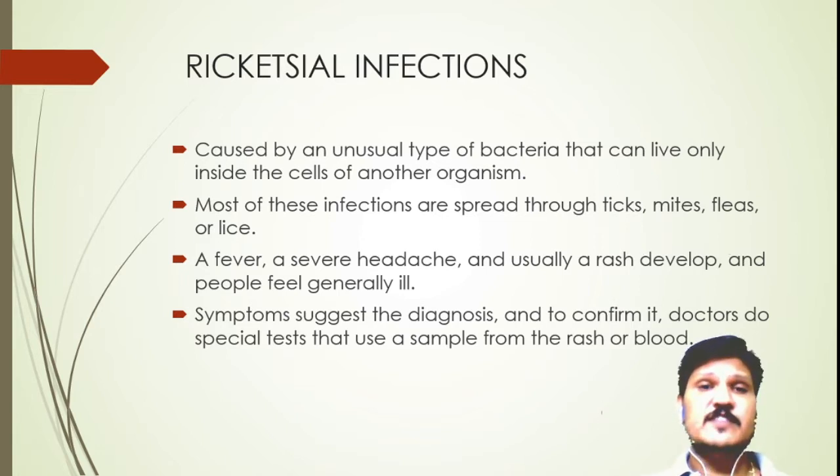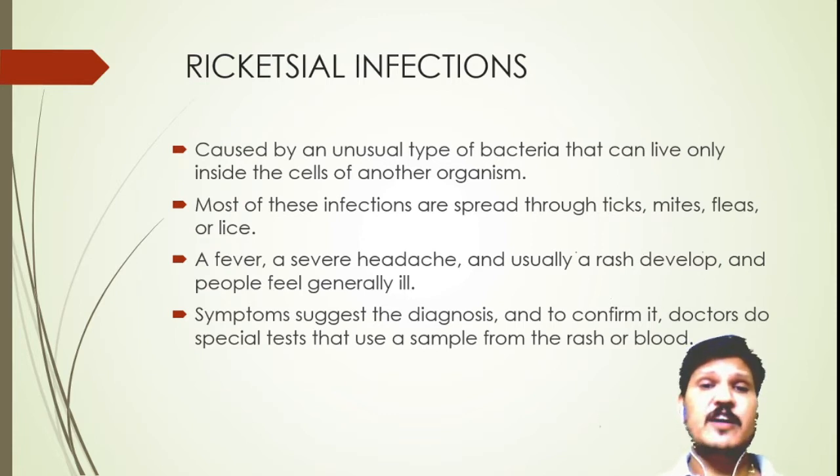Rickettsial infections are caused by an unusual type of bacteria that can live only inside the cells of other organisms. They are intracellular parasites, obligate intracellular parasites. Most of these infections are spread through arthropod vectors like ticks, mites, fleas and lice. Some diseases also spread through other modes.